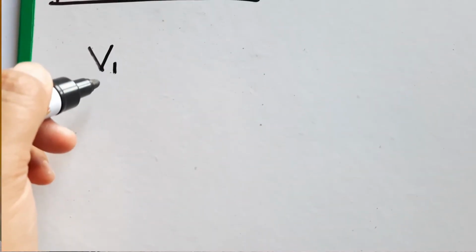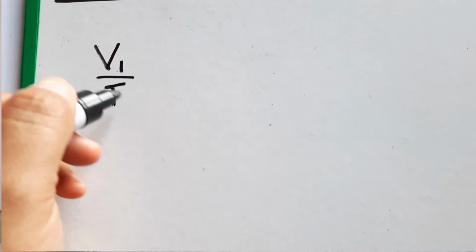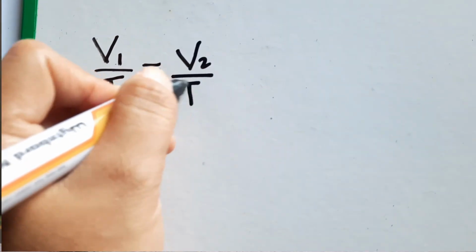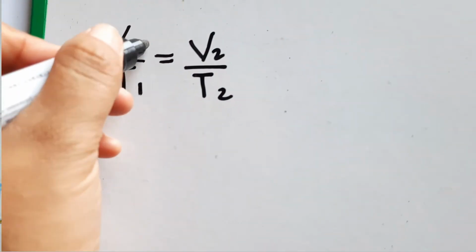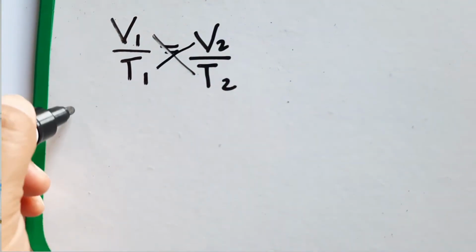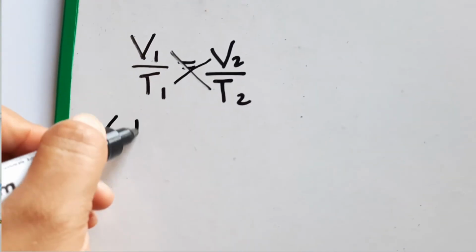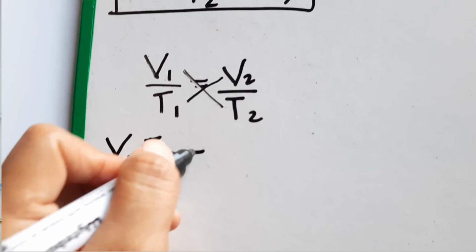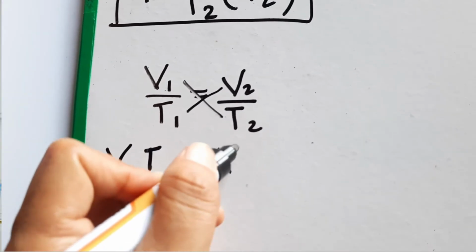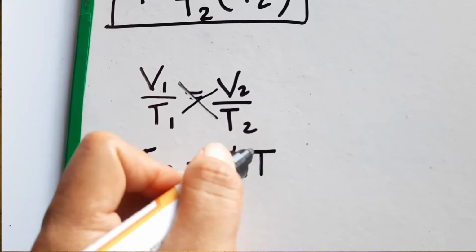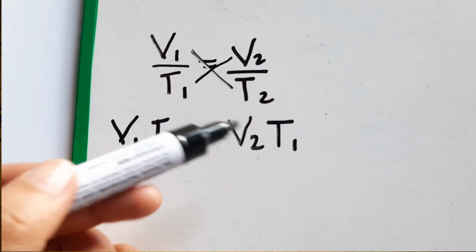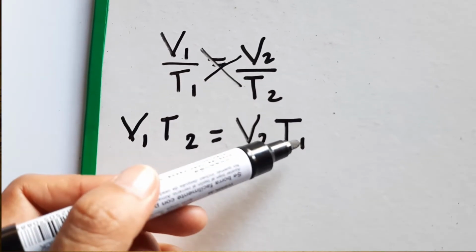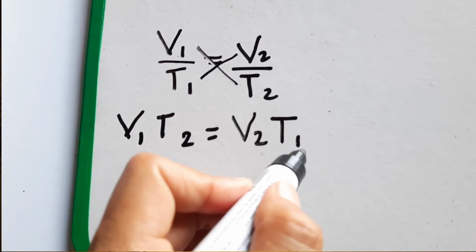This is the actual derivation of the equation on the whiteboard. First, write Charles' law equation: V1 over T1 is equal to V2 over T2. Next, we will cross multiply. Then, write the product: V1 times T2 is equal to V2 times T1. Since we are looking for the value of V2, divide both sides of the equation by T1.